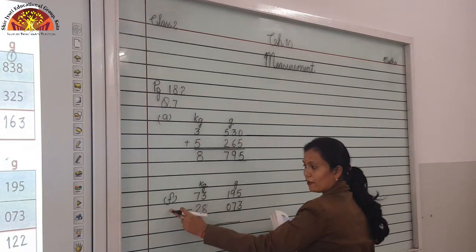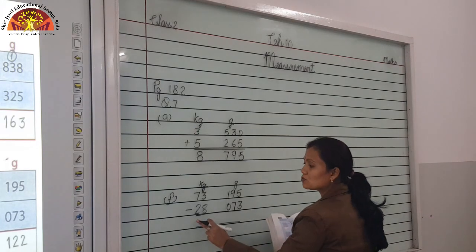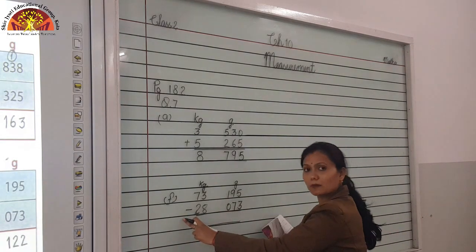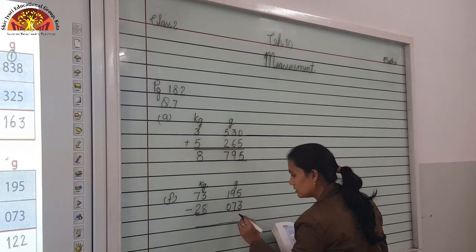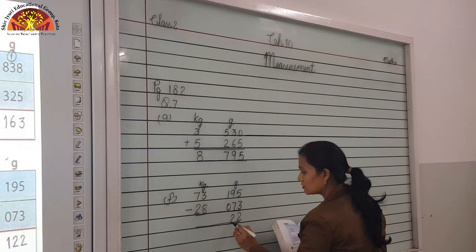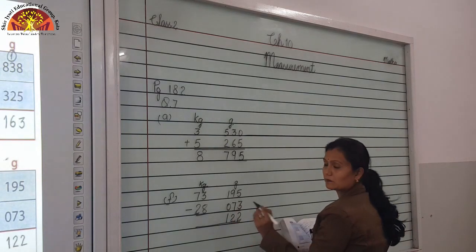Next question is F. 73 kg 195 gram, 28 kg 73 gram. Right? Here we have to subtract these numbers. Now you can see 5 minus 3 is 2. 9 minus 7 is 2. 1 minus 0 is 1.